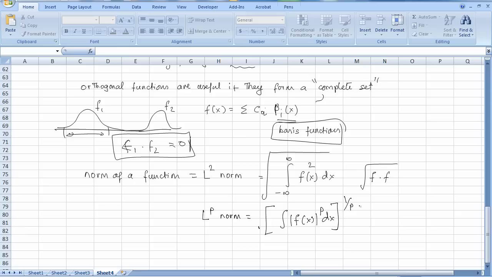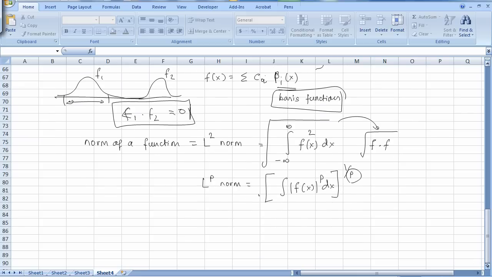This L2 norm works beautifully with the dot product. L^p norms, if p is not equal to 2, will not work with the dot product. And interestingly enough, there is a peculiar feature about this. Let us say I put p equal to 1000. What does an L1000 norm look like?